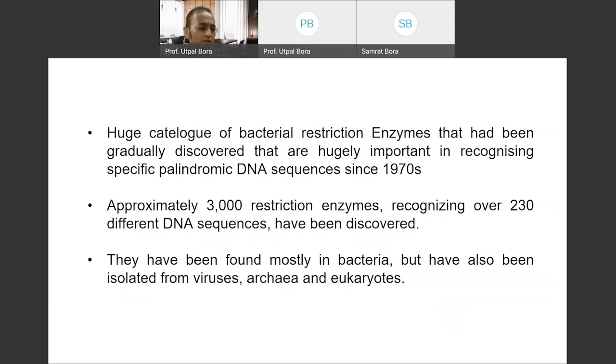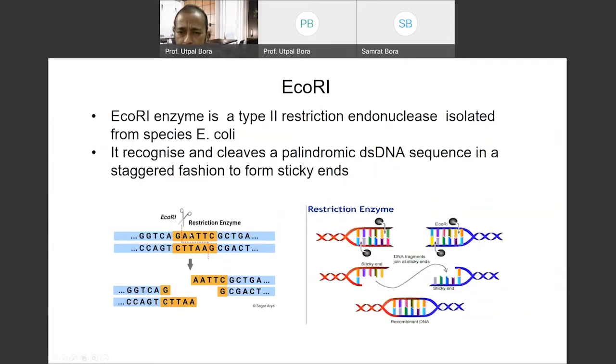So we have now generated a huge catalog of bacterial restriction enzymes that were gradually discovered. The different crystal structures have been worked out since the 1970s, showing how they recognize specific palindromic sequences. Palindromes, as you'd know, you can see in the 5' to 3' direction, this red is GAATC.